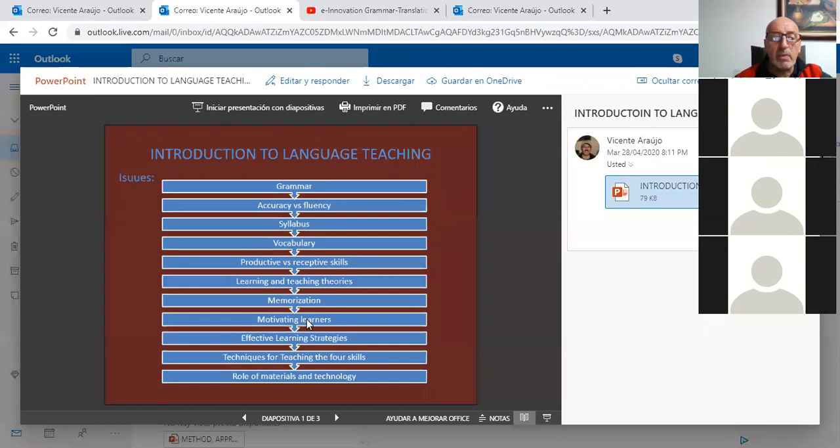Another issue is motivating learners. What is the role of motivation in learners? Perhaps you are a very good teacher. Perhaps your accent is perfect in English, or you speak like a native speaker.